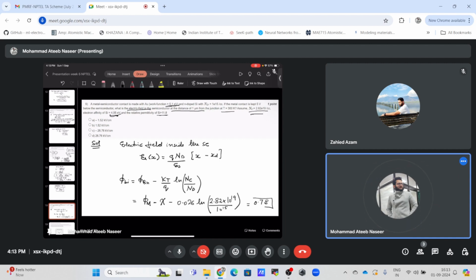Okay. So this is the built-in potential that we have got from this expression. And now let us use this phi bi value in the xt expression.